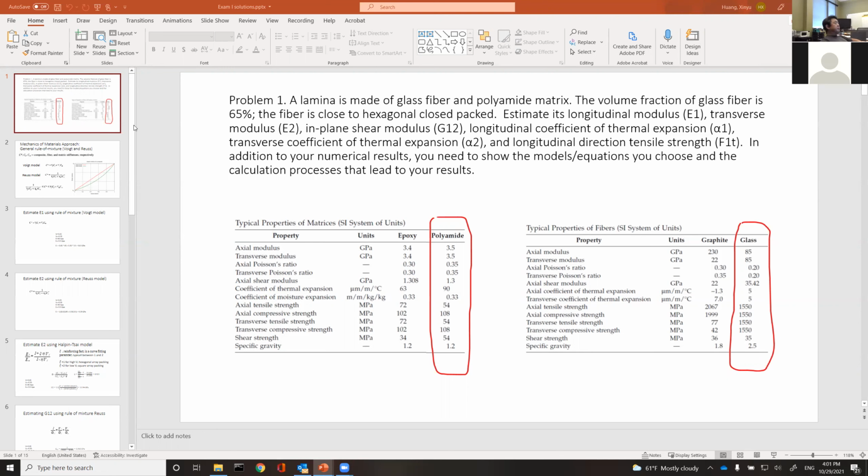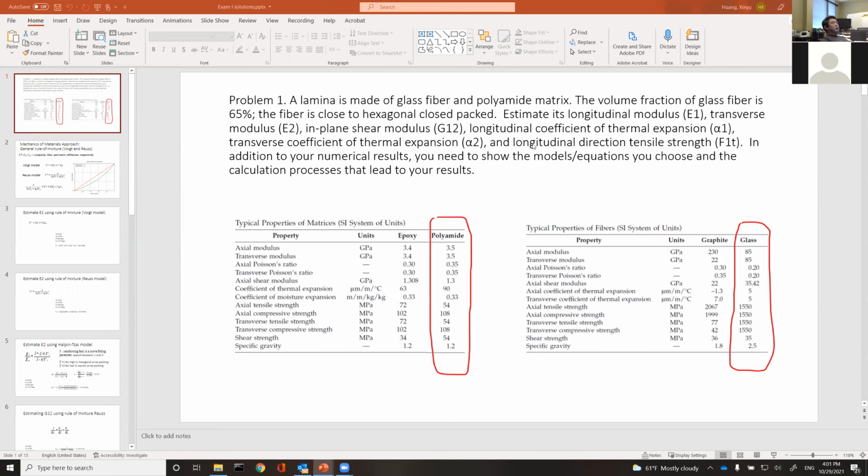So let's first look at the first problem in the exam. What I'm testing is the basic micromechanics, which is how you estimate the properties of composites based on their basic material constituent properties.